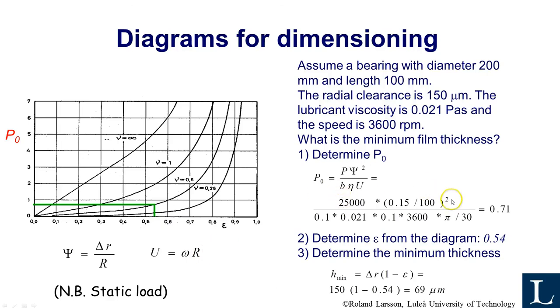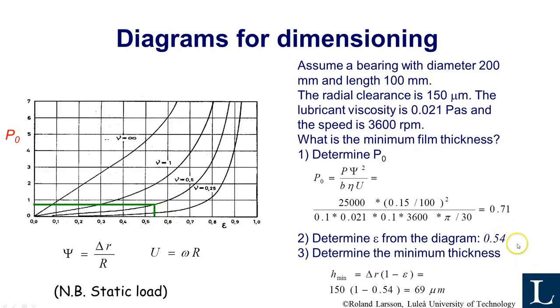We put in the numbers, and we end up with a non-dimensional load P naught of 0.71, and we can read from the diagram 0.71. We go into the 0.5 curve and find that this bearing will operate with an eccentricity of 0.54.